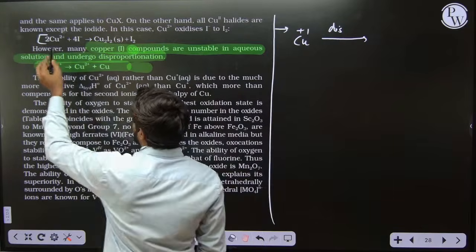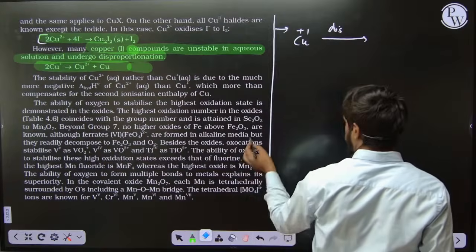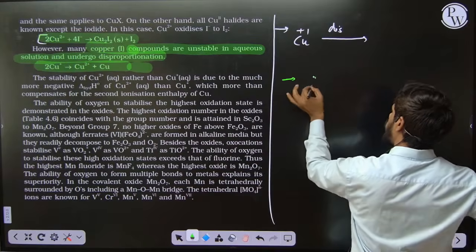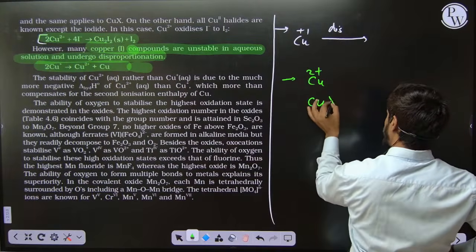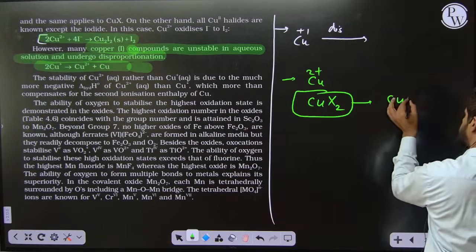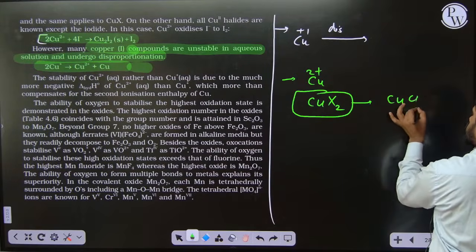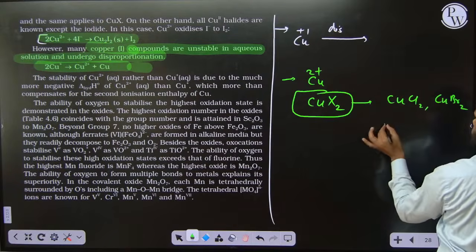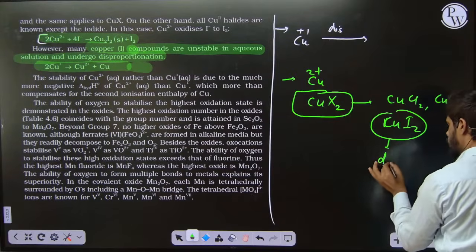Next, the halides of copper 2+. These are of the form CuX2. CuCl2 exists, CuBr2 exists, but CuI2 does not exist.